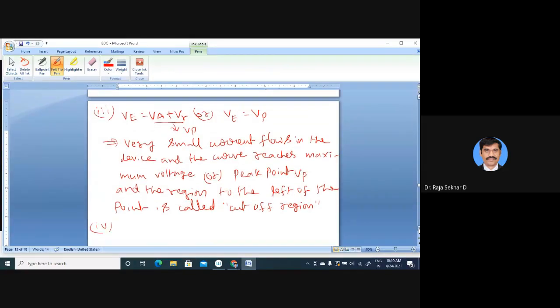Now fourth case. Now when V is greater than VA plus V gamma, that is, it is greater than V gamma, cut-in voltage. Or we can say that V is greater than Vp, peak point, peak voltage.